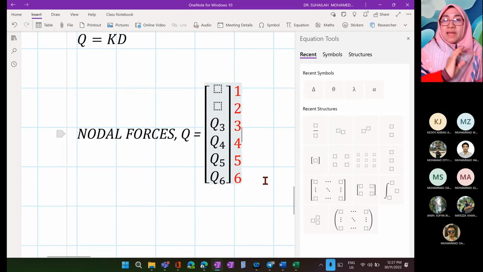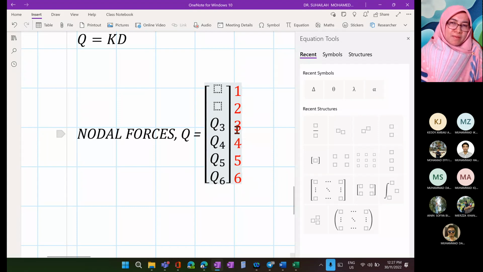We do not know the value yet, and we know that the reaction is the output. We will calculate the unknown reactions later on. So since we do not know the value yet, we just write the symbol Q at position 3, 4, 5, 6. Nodal forces.